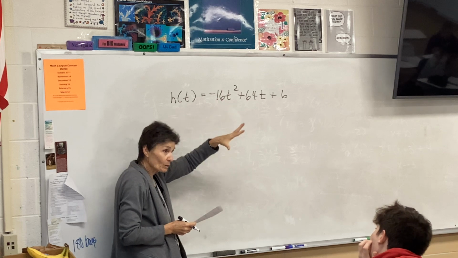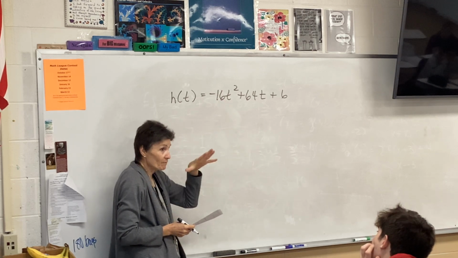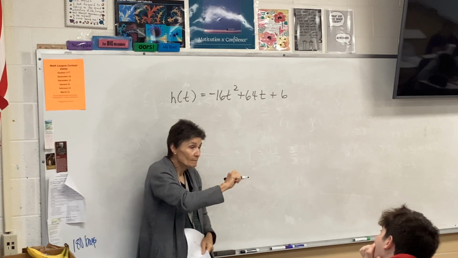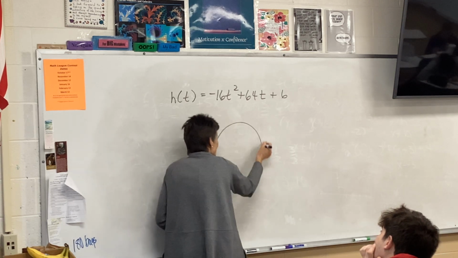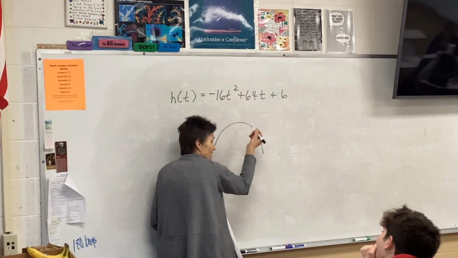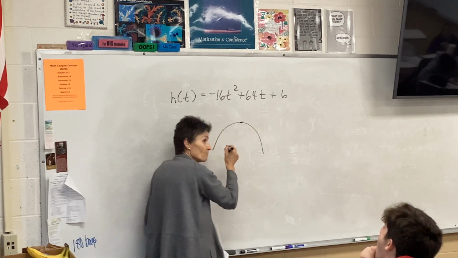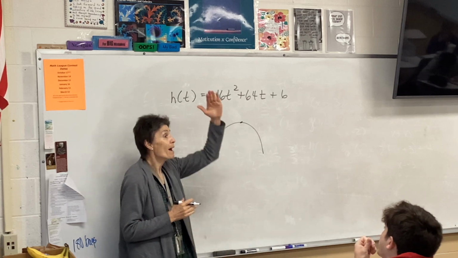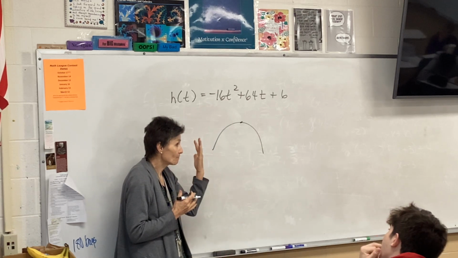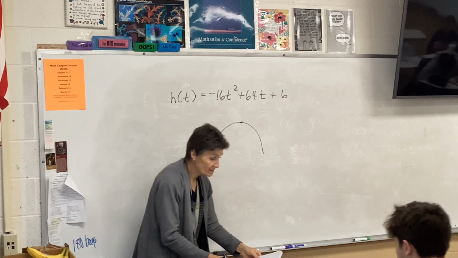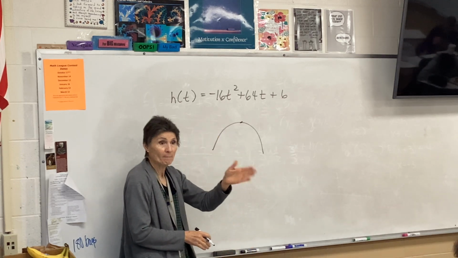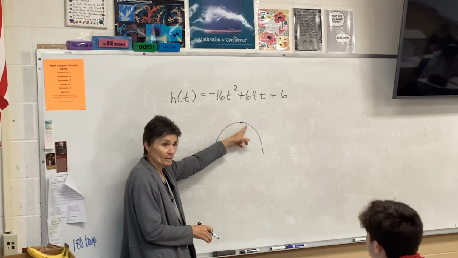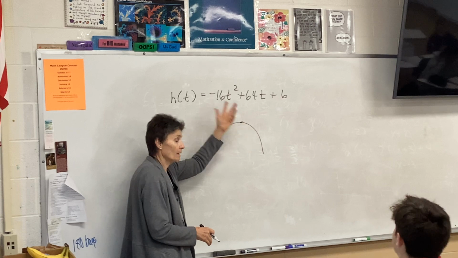That means if I were going to graph it, which I am not, but if I were, it would be a parabola upside down, correct? And for a parabola upside down, the vertex is the maximum. Agreed? So when this question says, find the maximum, what it's really saying is find the vertex. All right, that's easy enough.